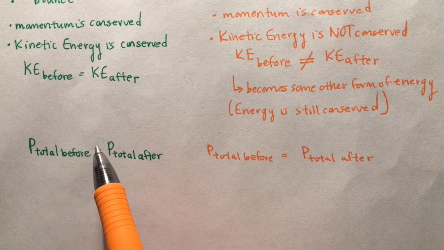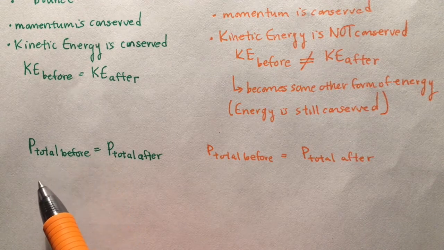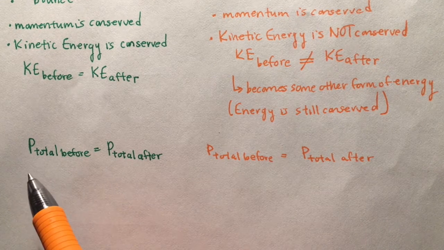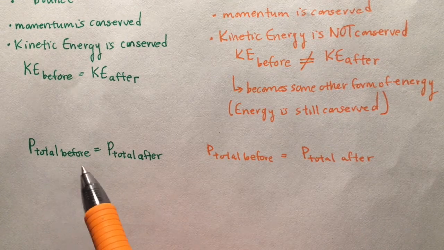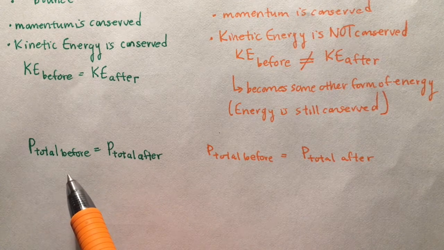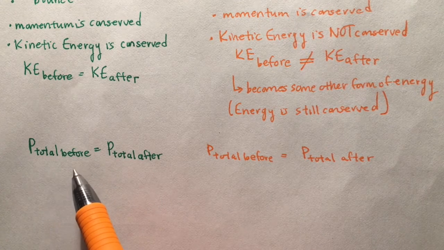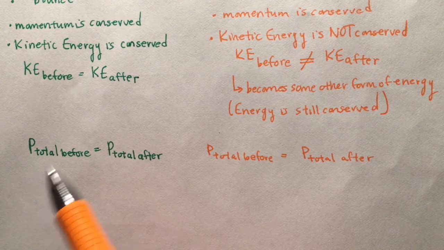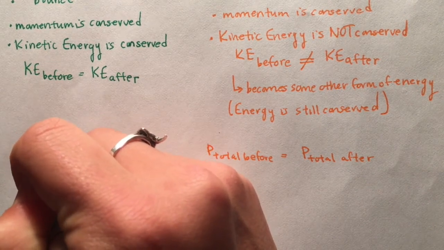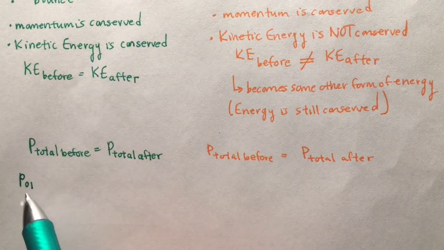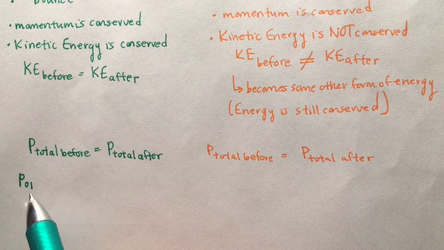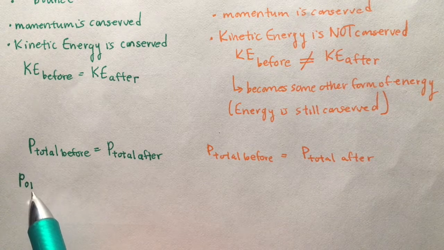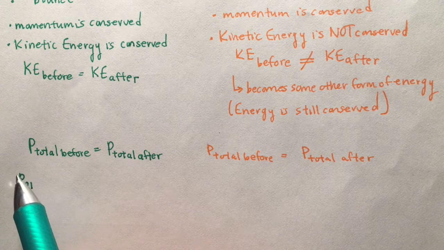To get the total momentum of the system, I have to add up the momentum of each of the individual parts of the system. So if I have two objects in the system, I have to add the initial momentum of the first object, or p01. Remember, the naught represents initial, 1 is to identify the first object, and momentum is represented by p.